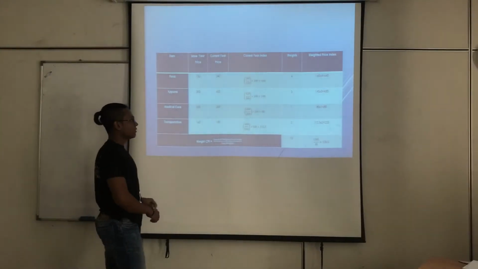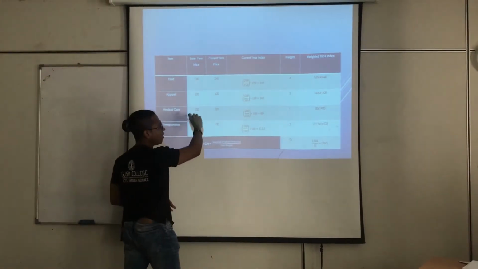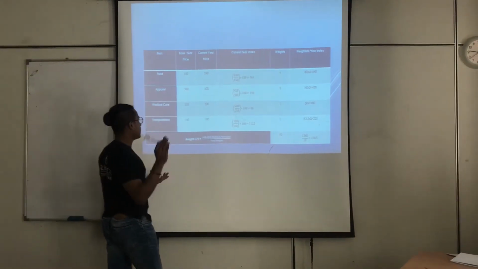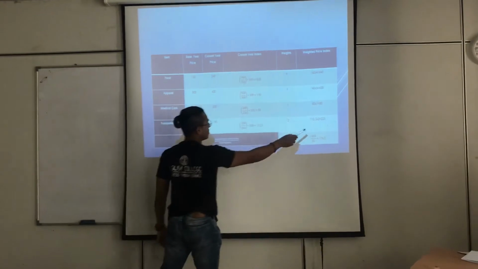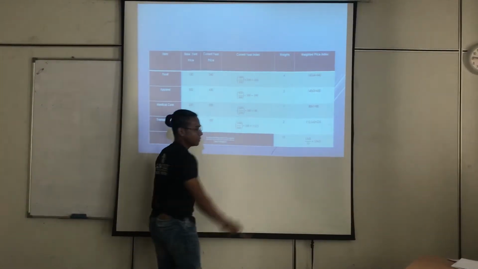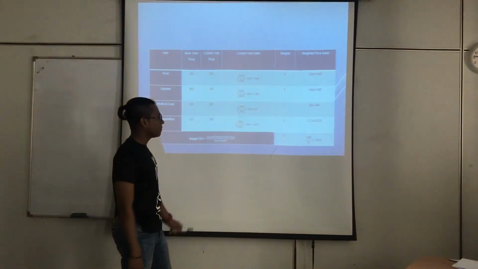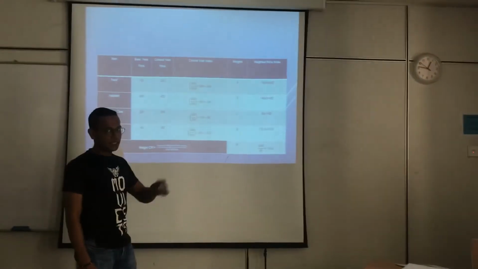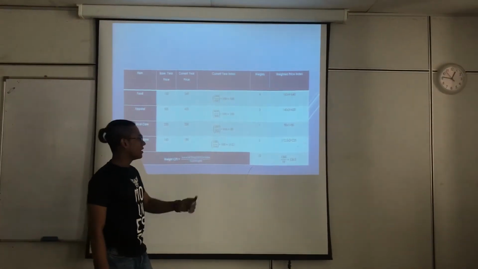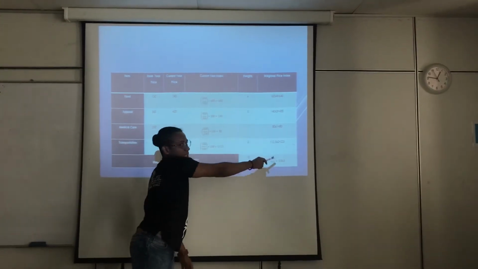After that, you have to do the same for the apparel, medical care, transportation and whatnot to get the final weighted price index. But before that, you need to divide it by the total weights. So the total weighted price index divided by the total weight, and then you'll get the weighted CPI.